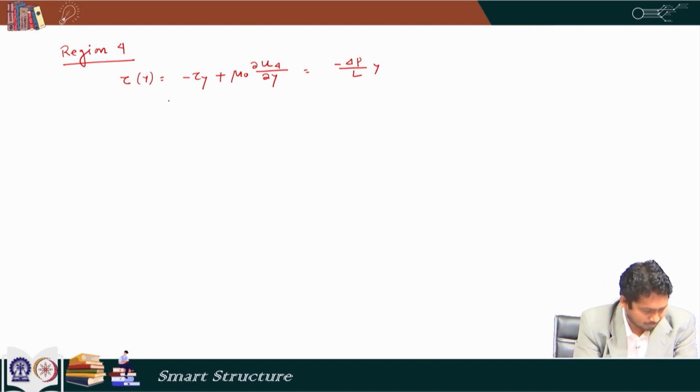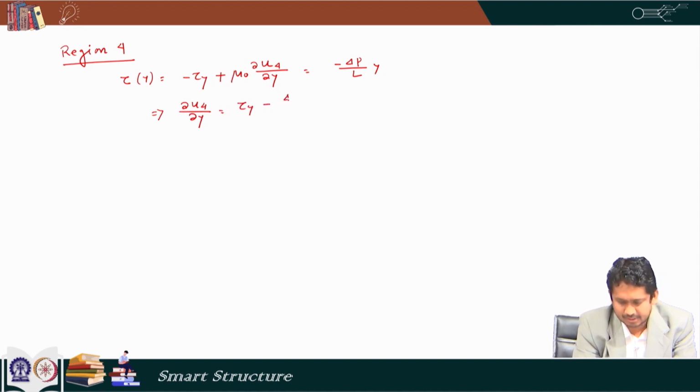Now, from here we can write del u 4 by del y equal to tau y minus del p by L into y, and then we can integrate the equation.